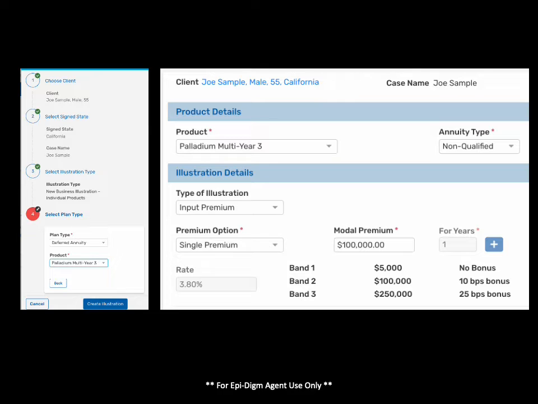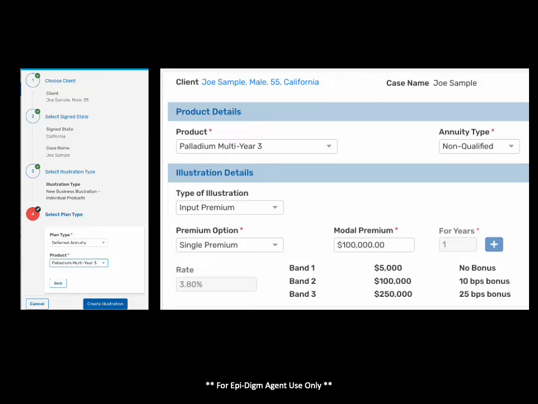If you look at band 1, 2, 3, $100,000 will get you a 10 basis point bonus plus the original guarantee. The original guarantee on MYGA right now is 3.8% for 3 years. So since you're putting in $100,000, you're going to get a 0.1% bonus, which will make your product a 3.9% guarantee for every year for the next 3 years.